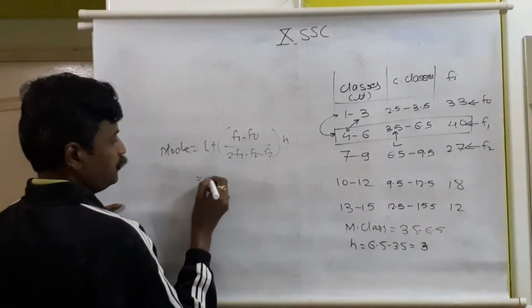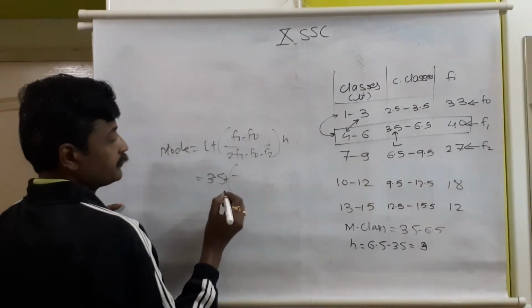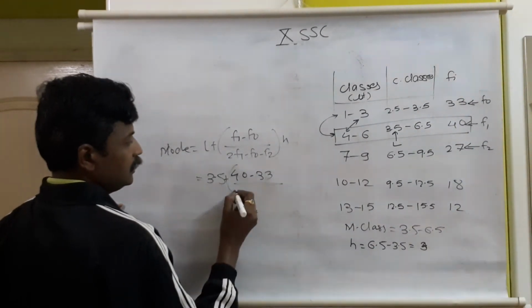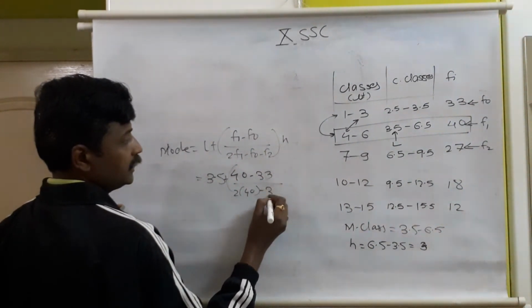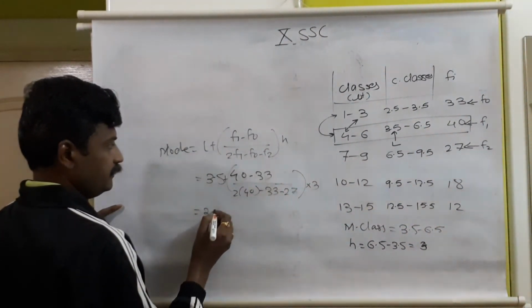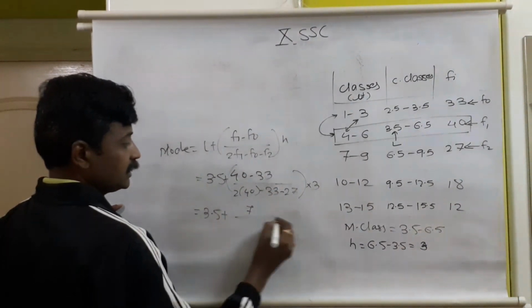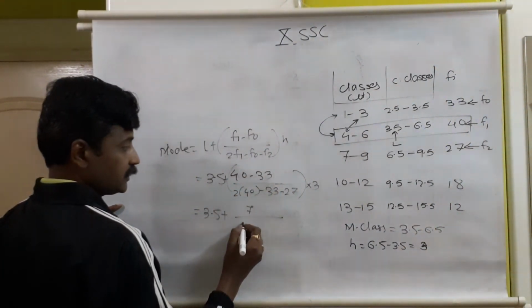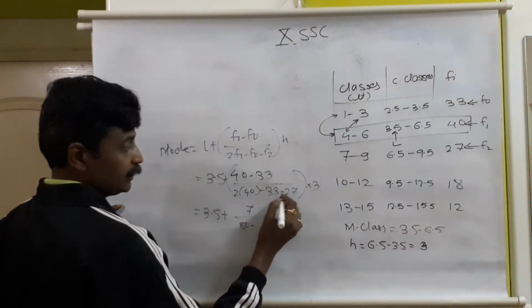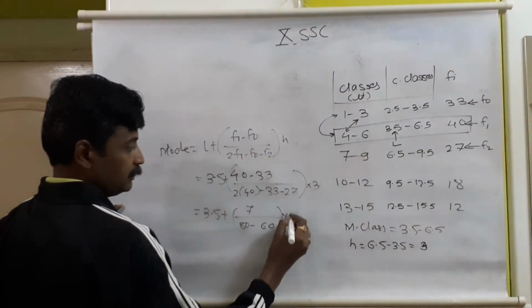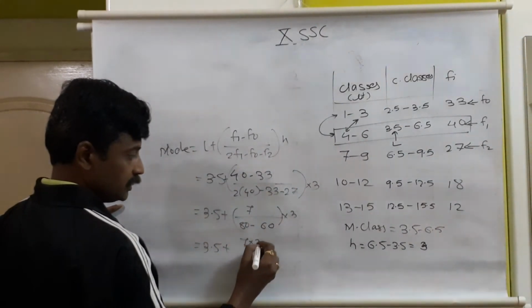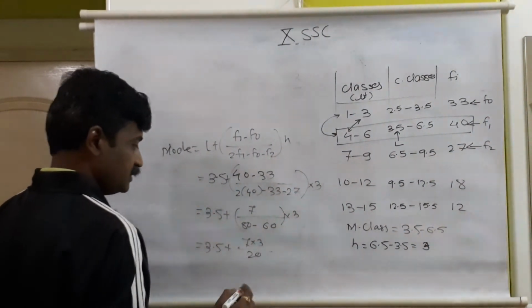L is 3.5 plus, F1 is 40 minus F0 which is 33, upon 2 into F1 minus F0 minus F2, bracket complete, into H. So 3.5 plus 40 minus 33, it remains 7. 40 into 2 is 80. 80 minus these both, 33 and 27, which add up to 60. So 3.5 plus 7 into 3 upon 80 minus 60, it remains 20.